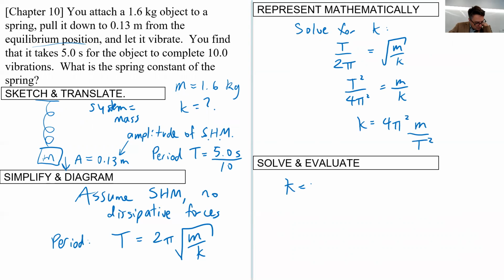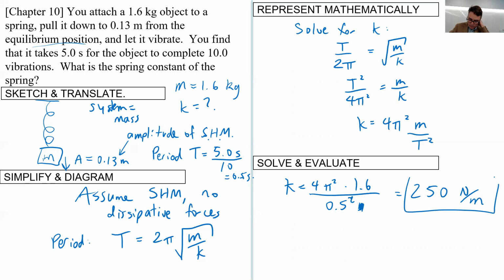So k is equal to 4 times pi squared times 1.6 kilograms divided by 0.5 seconds squared. I did this in my head here: if it's 5 seconds to complete 10 vibrations, then the period is half a second. Plugging that all into my calculator, I got k is equal to 250, in SI units, newtons per meter.